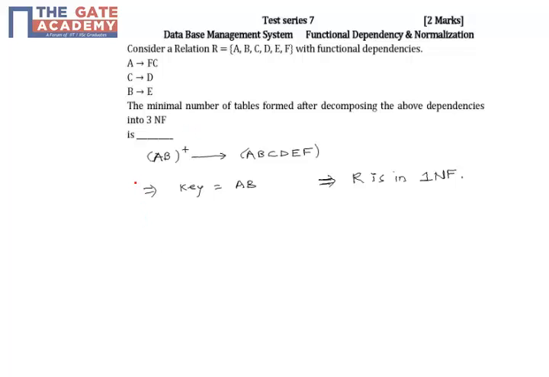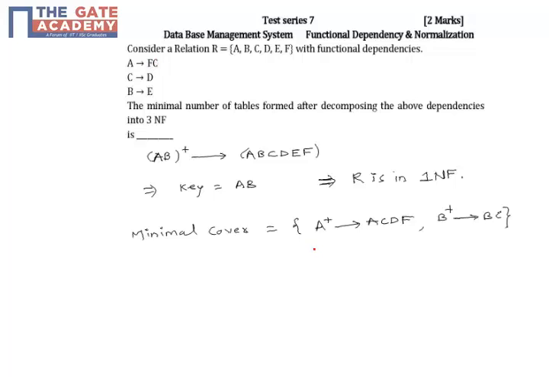For the above set of functional dependencies, the minimal cover would be A's closure as A, C, D, F, while B's closure as B, C. We remove the functional dependency C implies D from the set of functional dependencies because it can be inferred from the functional dependency A implies FC using transitivity.